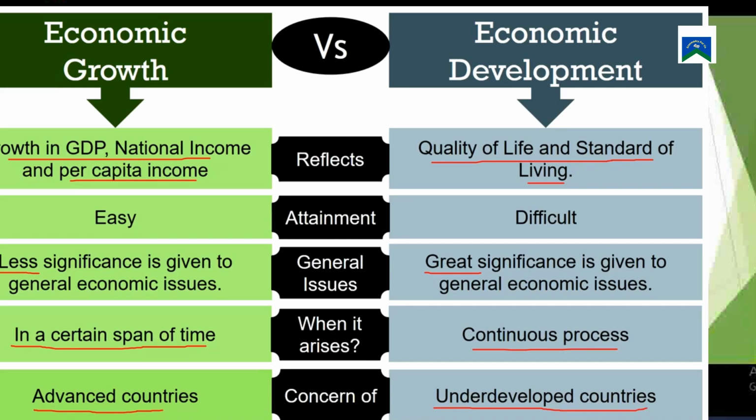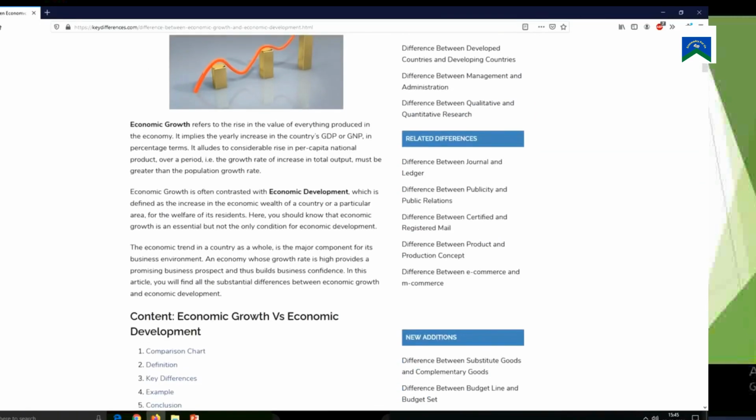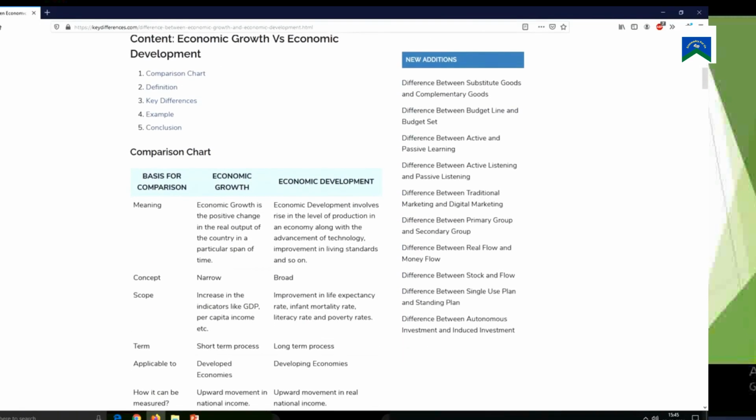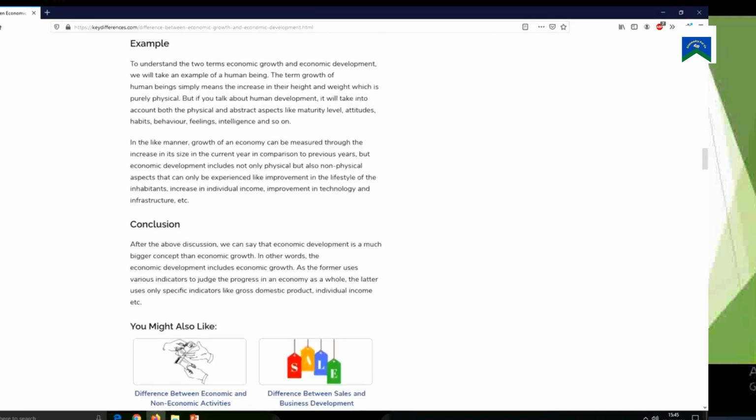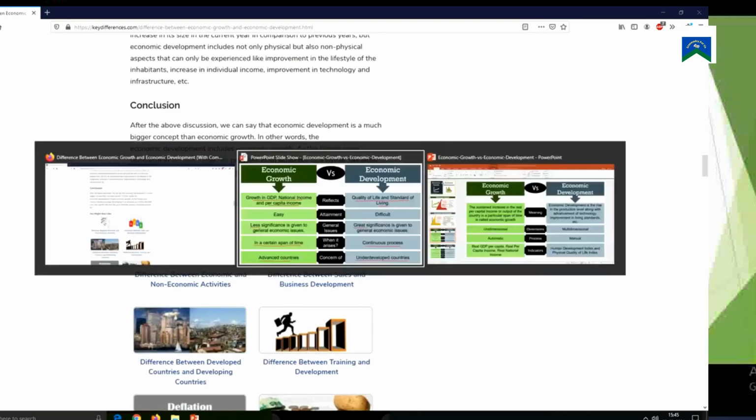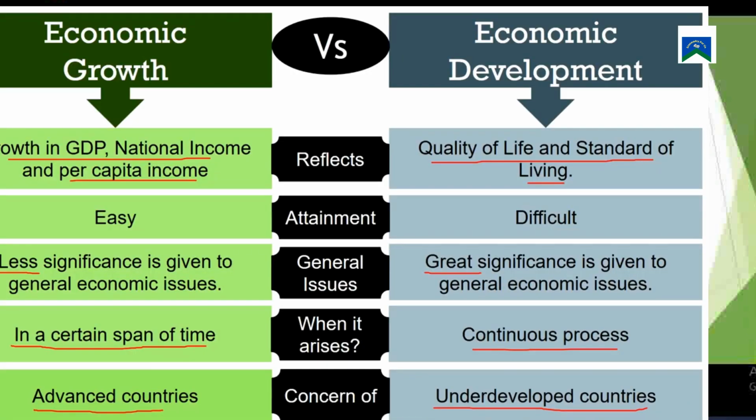If you consider the changes in real GDP or GNP, then we can easily measure economic growth. To measure economic development, there is the physical quality of life index, PQLI, and the human development index. These are the indicators.